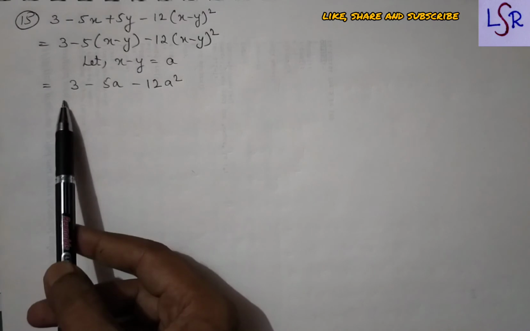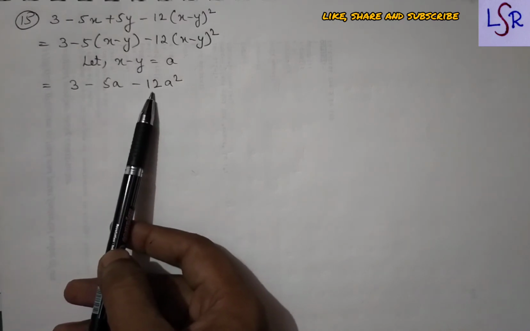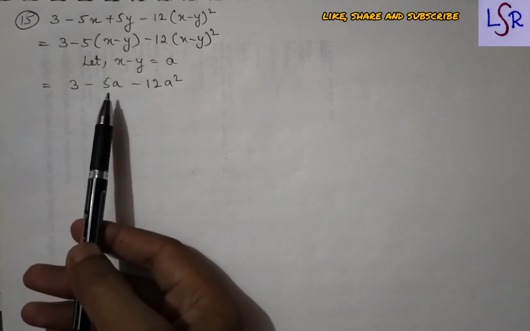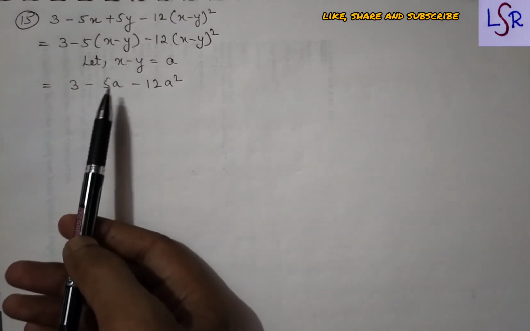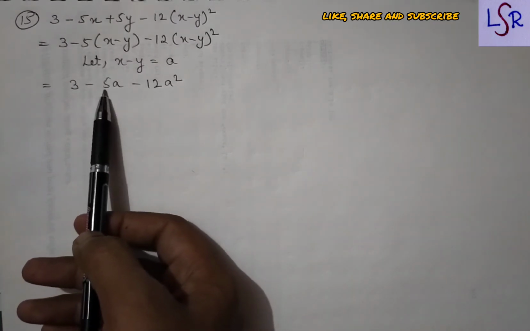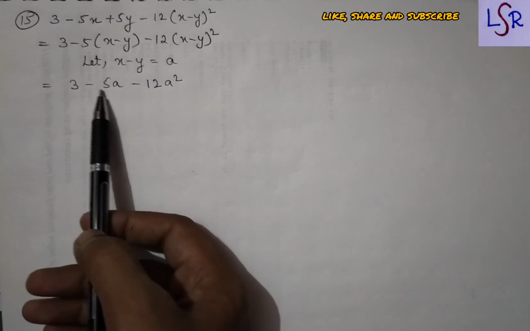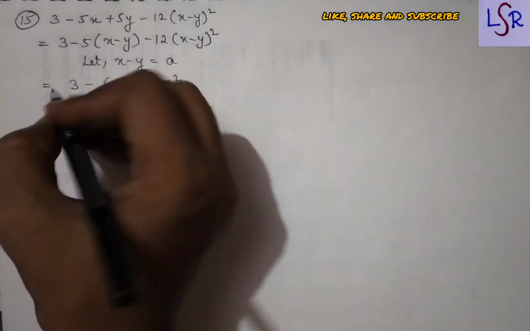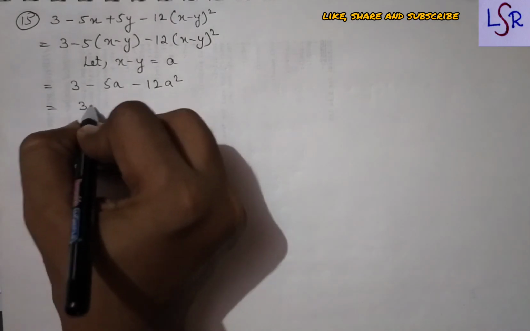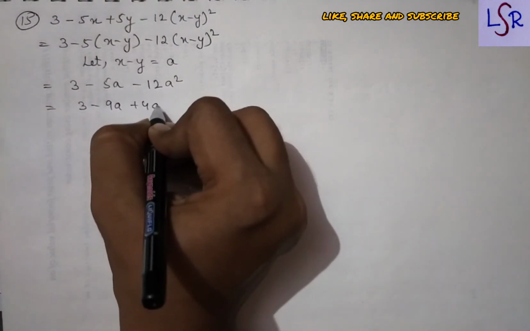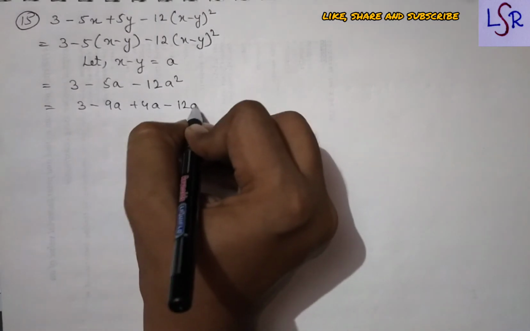Now 3 into 12 is 36. The factors of 36 which have a difference of 5 are 9 and 4. So we are going to split this minus 5a as minus 9a and plus 4a. That is 3 minus 9a plus 4a minus 12a square.